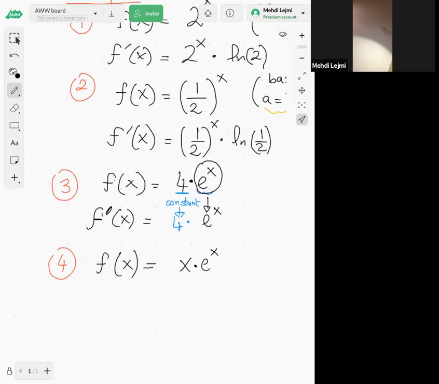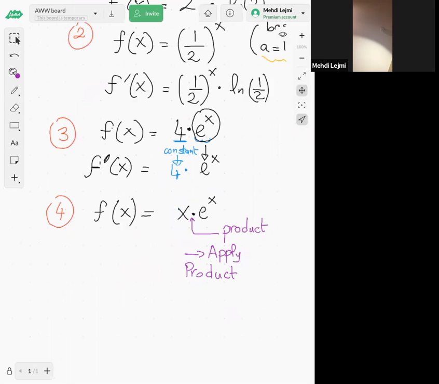Here we have a multiplication, so we have a product. So we have to apply the product rule. Whenever you have a product, then you apply the product rule.